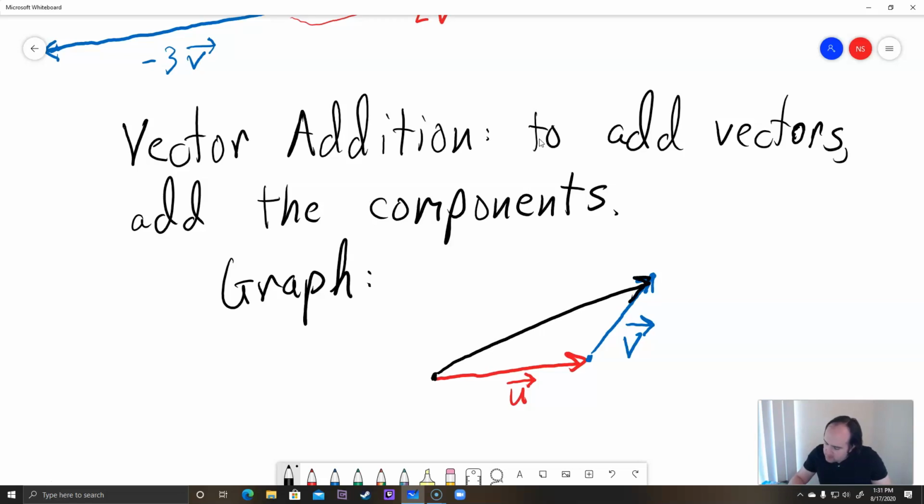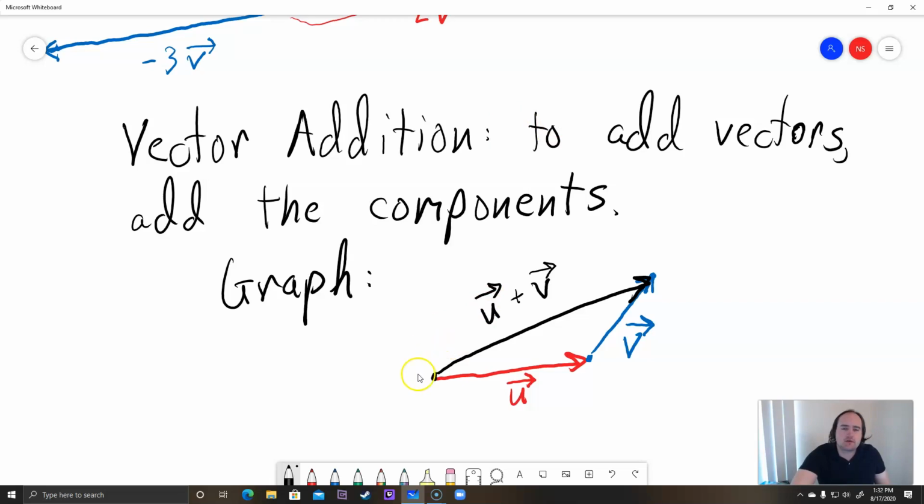So it's almost like you form a triangle out of the vectors. So this black vector that I'm drawing here, this is going to be u plus v. And when you add the components, if you actually work all that out, you're going to see that this is exactly what the graph's going to look like. Okay? So that's vector addition.